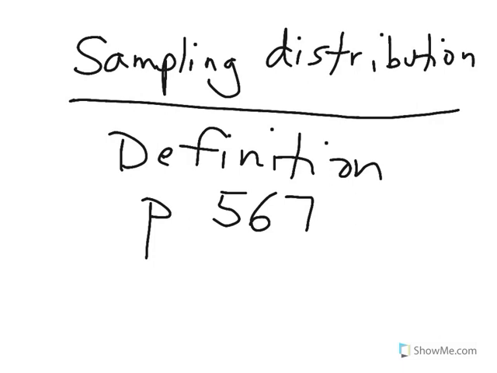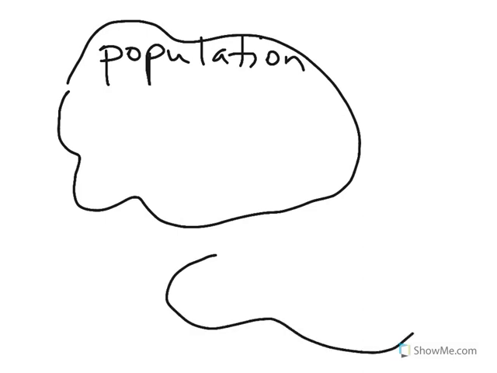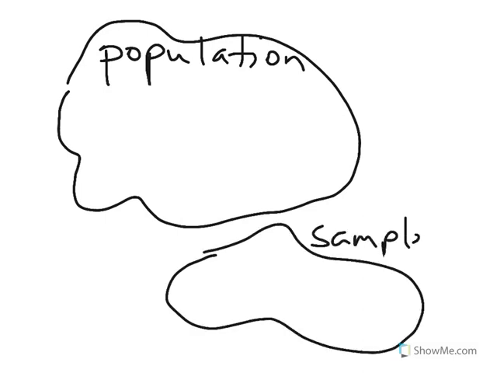The other thing that we saw, and this was a picture that I put on the board, so if you didn't put this in your notes or you were absent, you might add it. We said, let's imagine that we have our population here. And we also have a sample from the population, which looks a whole lot like it. It's just smaller. In this particular case, we want to compare certain things about the two.